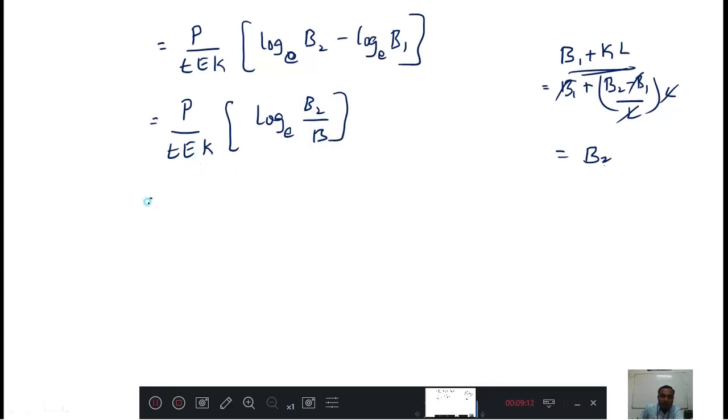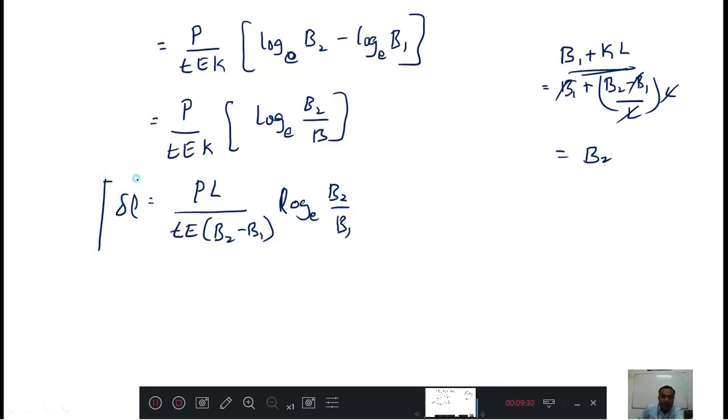Then what is K? I will substitute: K is B2 minus B1 by L, it will go to the top, and this becomes log base e of B2 by B1. This is an expression for delta L.